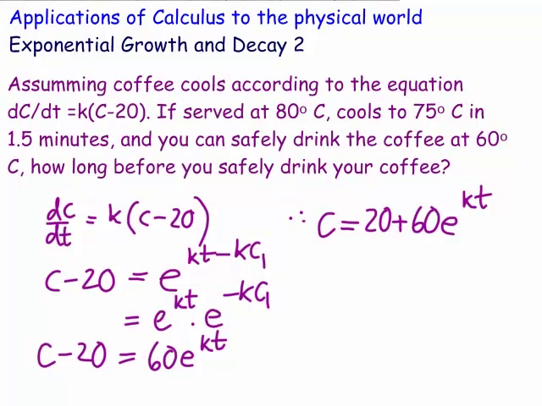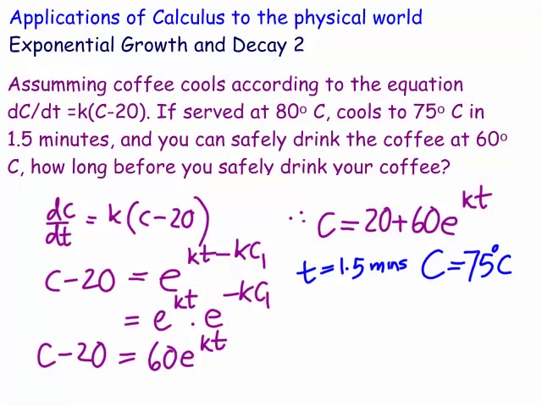We know that when t is equal to 1.5 minutes, the temperature of the coffee has dropped to 75 degrees C. Therefore we can say 75 is equal to 20 plus 60 lots of e to the 1.5 times k, because t is 1.5.